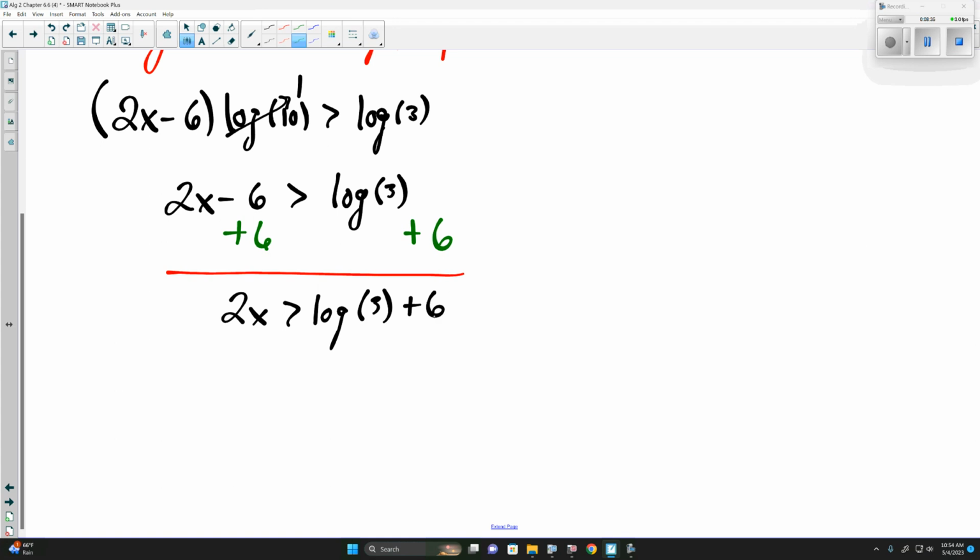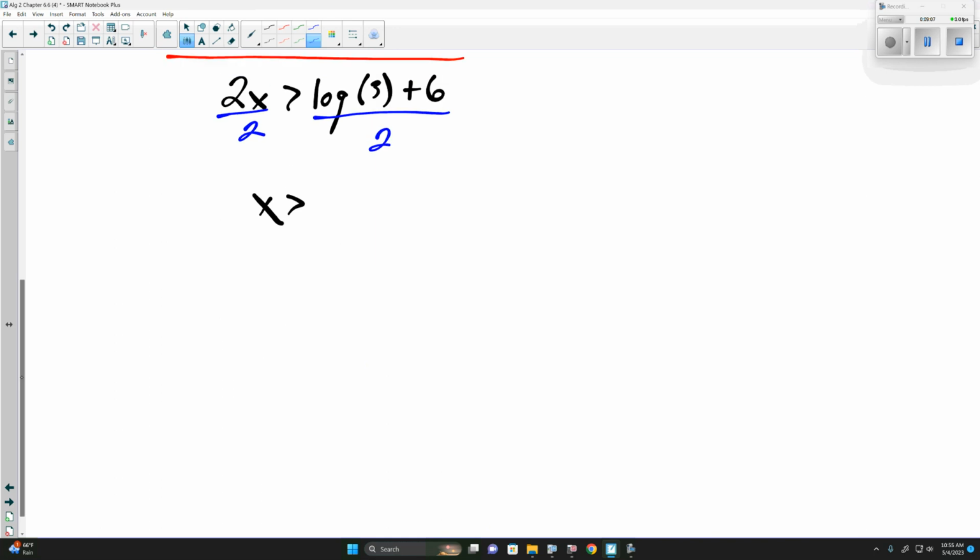We can't add the 6 and 3 together, guys, because the 3 is contained within the log. Then we would divide by 2. Now lastly, we'll divide by 2. So x is greater than log of 3 plus 6, divided by 2.